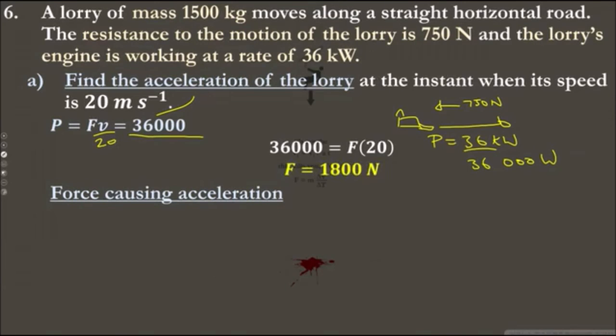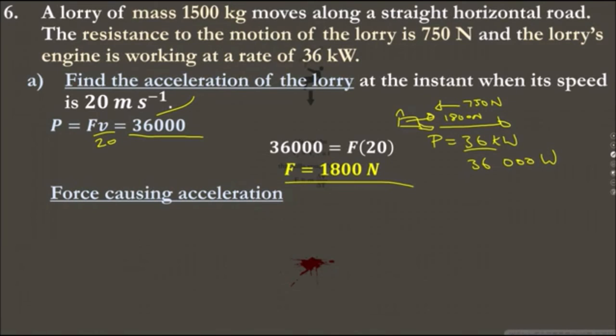The total force is 1,800 newtons from the lorry. But the lorry also experiences a friction force. So the lorry itself is producing a force of 1,800 to go forwards, but it has 750 newtons of friction going against it.